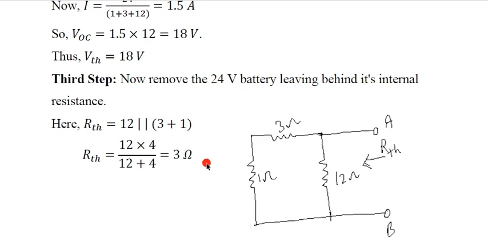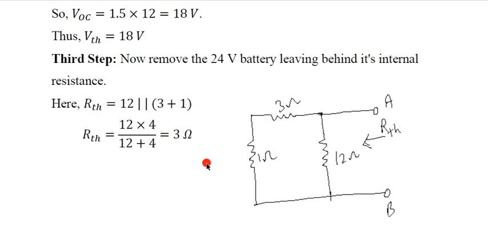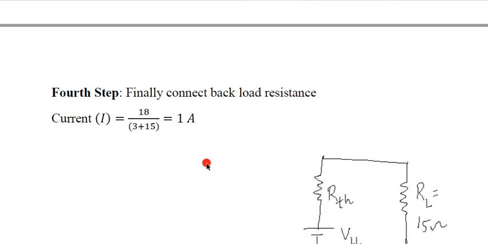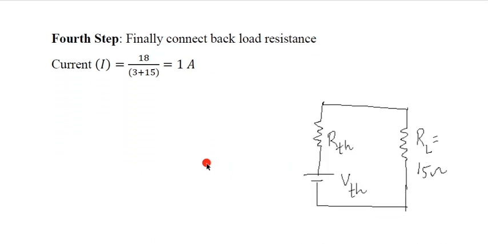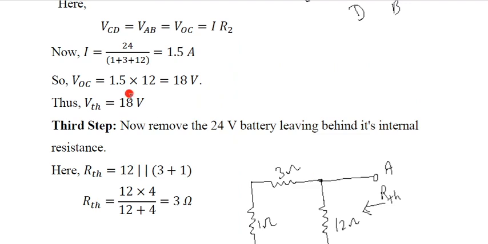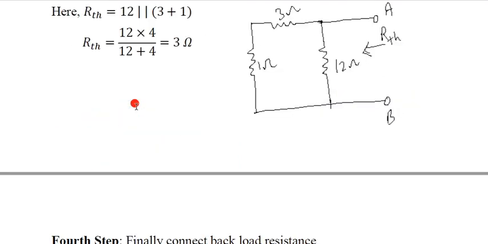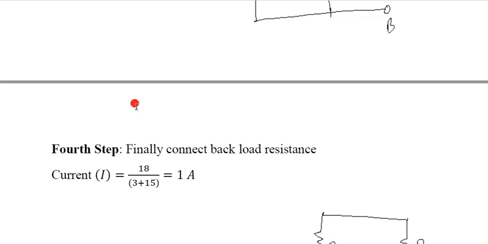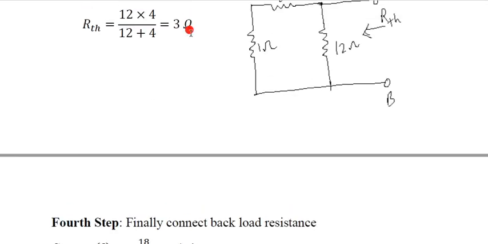Okay, now we are done with our work, and our circuit is converted to this circuit, where we have already found VTH is 18 volt. You can see here. And RTH, we just found, the value of RTH is 3 ohm.